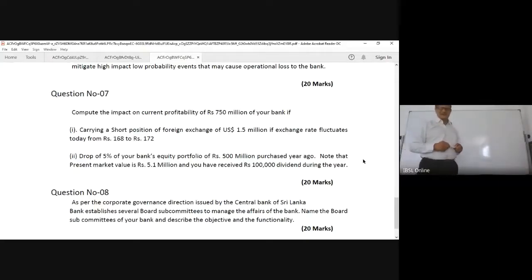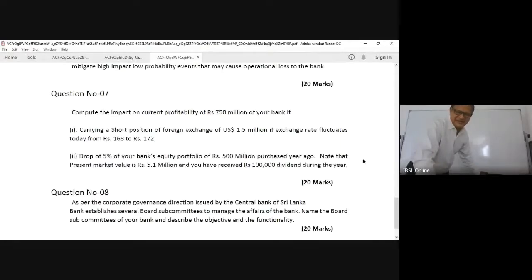Market risk is either interest rate risk, forex risk, equity risk, or commodity risk. Now here they call it a equity. Actually this particular question was corrected subsequently before it went for the test. I think I have got the uncorrected paper on this.